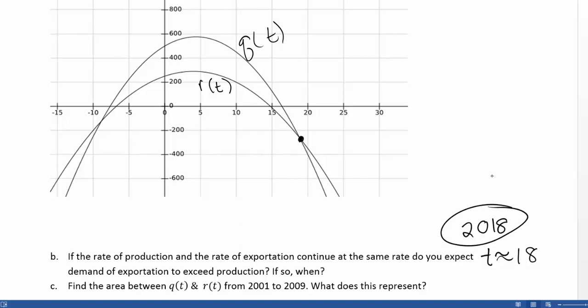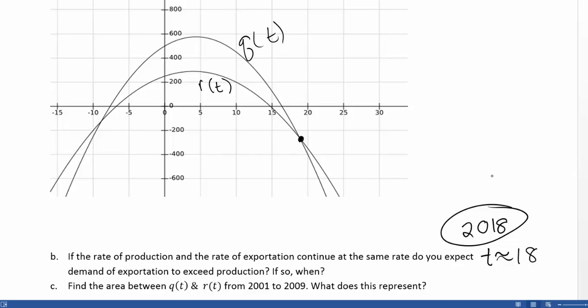Part C. Find the area between Q of t and R of t from 2001 to 2009. What does this represent? So that means that we need to do the area between curves. Our bounds of integration, remember, time is in years since the year 2000. So from 2001 to 2009 is going to be an integral from 1 to 9.